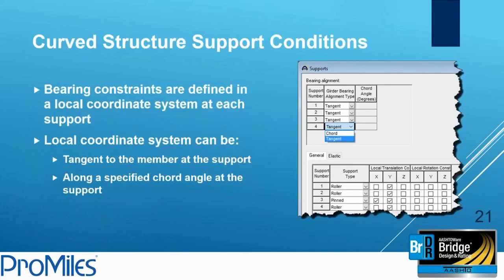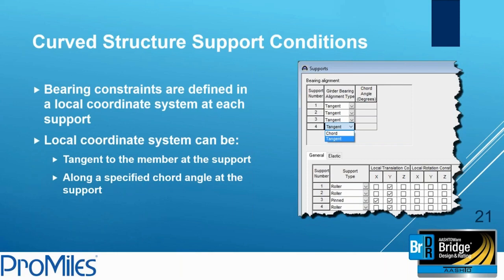For curve support conditions, you can define bearing constraints in the local coordinate system at each support. You can either define the bearing constraint along the tangent of the member at the support location, or you can define a chord at a certain angle to the tangent for that support.